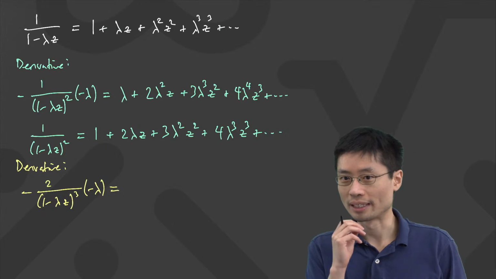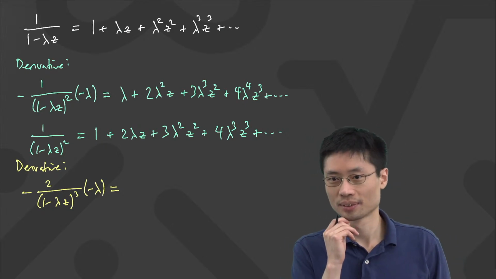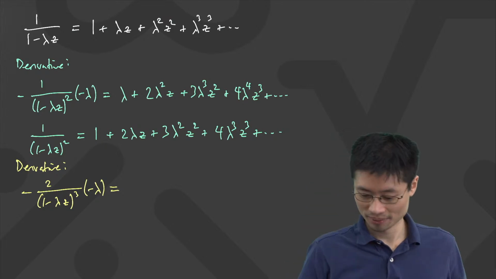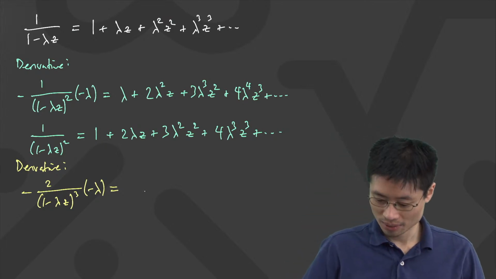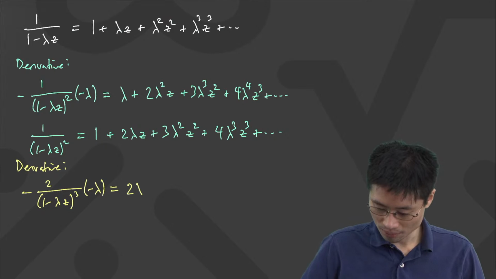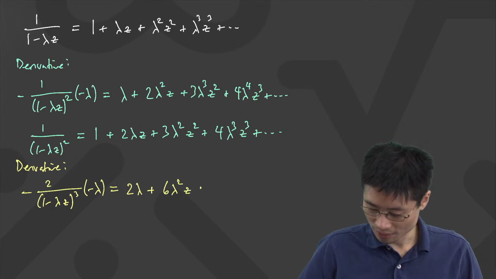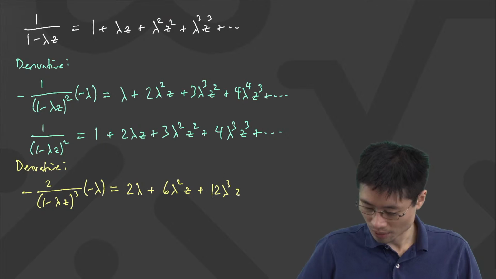We're also going to look for patterns as we do this. Braden. The first term is going to be 2 lambda. The next one should be 6 lambda. Yes. Okay. And then 12 lambda cubed times z squared. And so on.